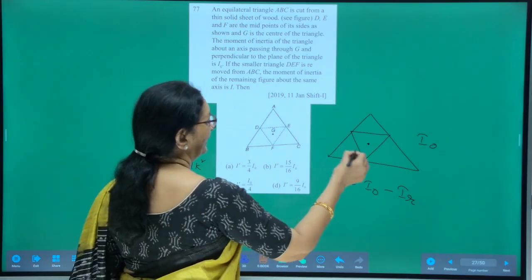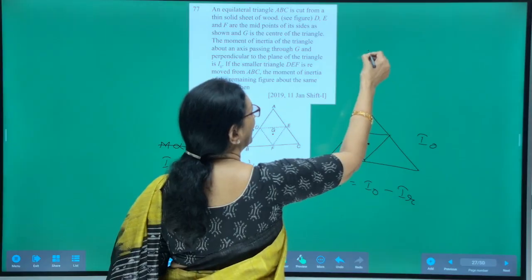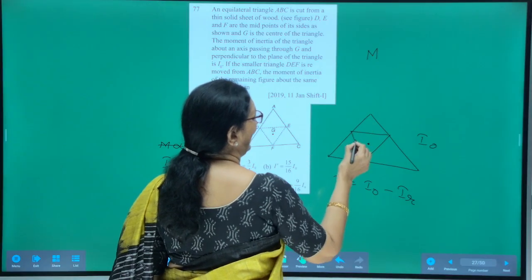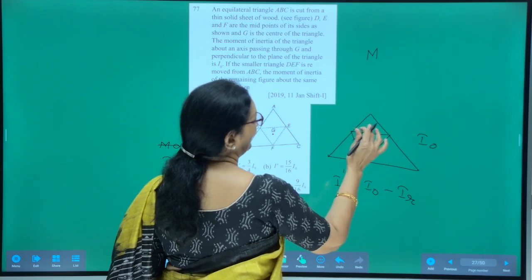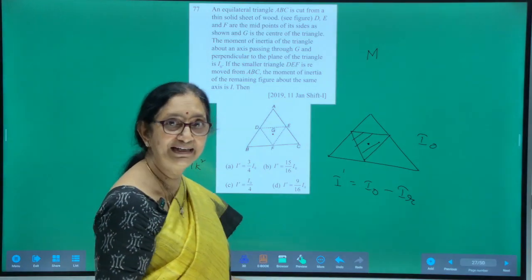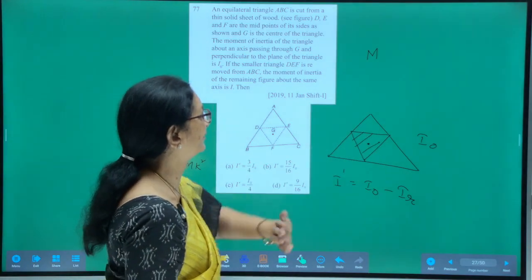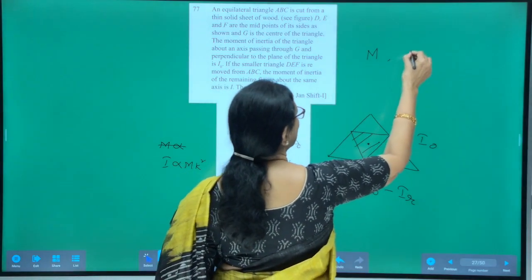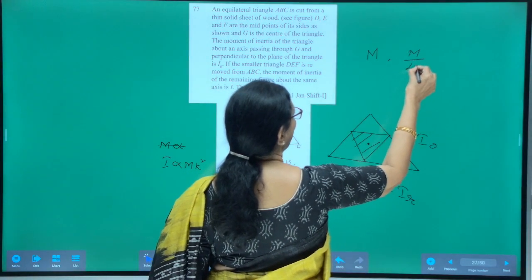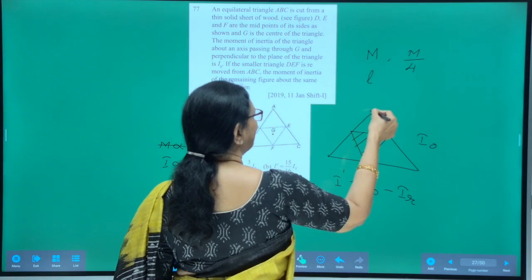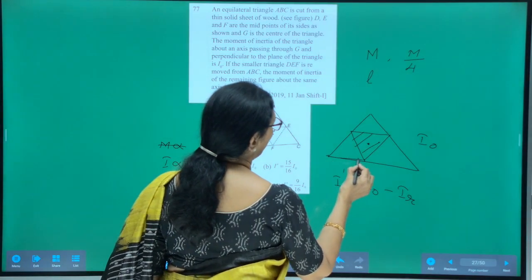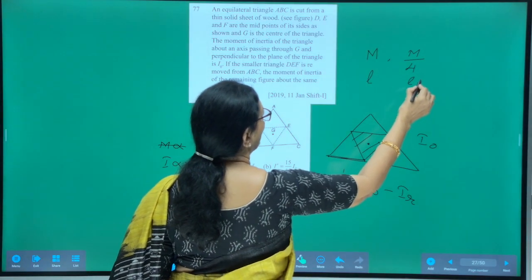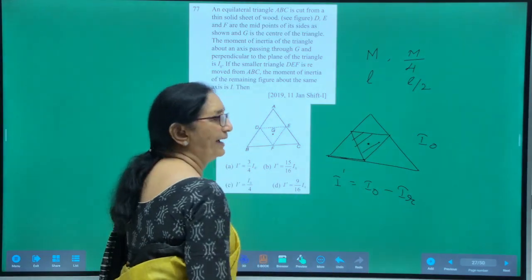If the original mass is taken as m, the mass of the removed part, this is the removed part. Exactly, there are 4 identical triangles, so 1/4 mass is removed. So, mass of the removed part is m by 4. If the side length is L, this side length becomes L by 2. So, the removed part length is L by 2.